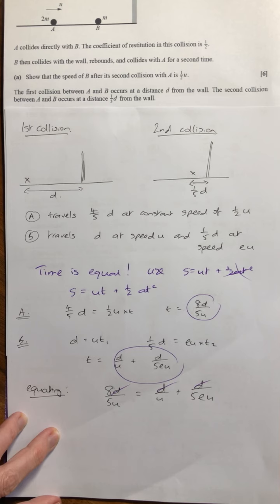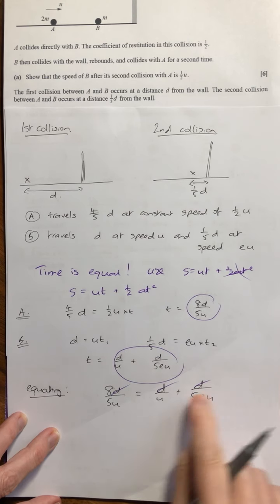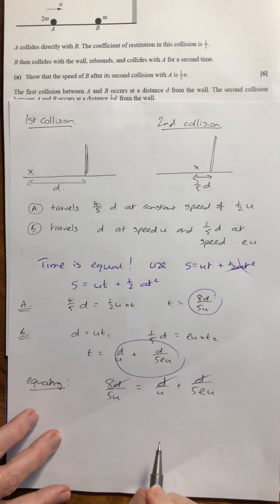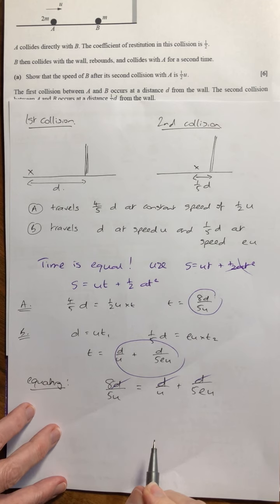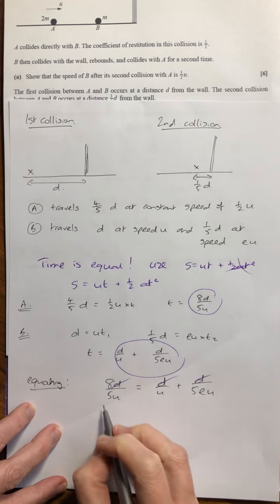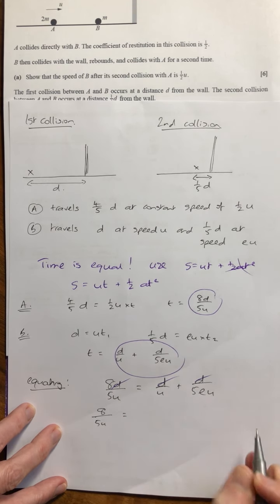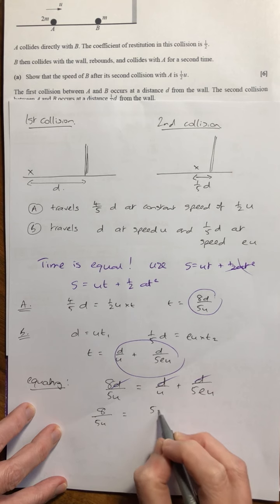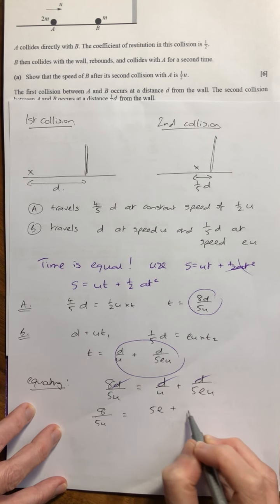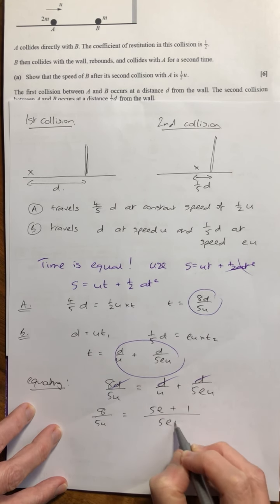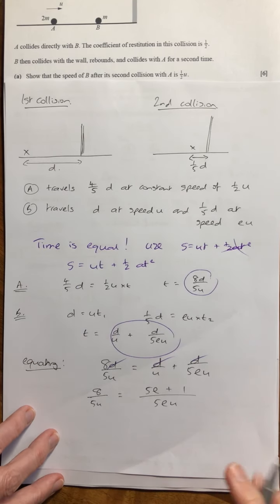Or shall I just multiply through by U? Right, 8 over 5U is equal to 5E plus 1 over 5EU.